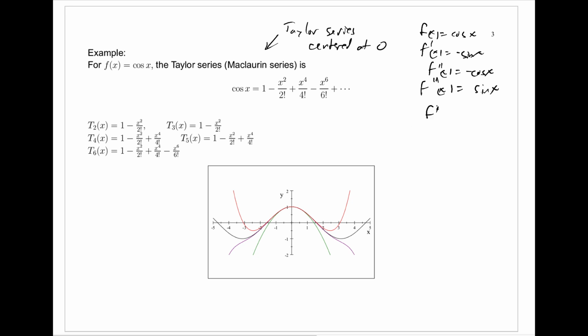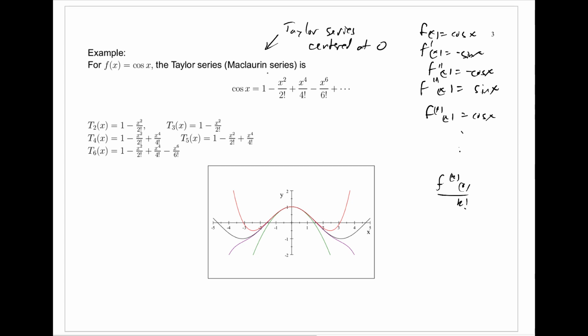The fourth derivative of f at x is back to cosine x, and it keeps going. When we plug in 0, the center of the series, these alternate from 1, 0, negative 1, 0, 1, 0, negative 1, 0, etc. So we look at the Taylor coefficients, where the kth Taylor coefficient is exactly the kth derivative of f at 0 over k factorial.